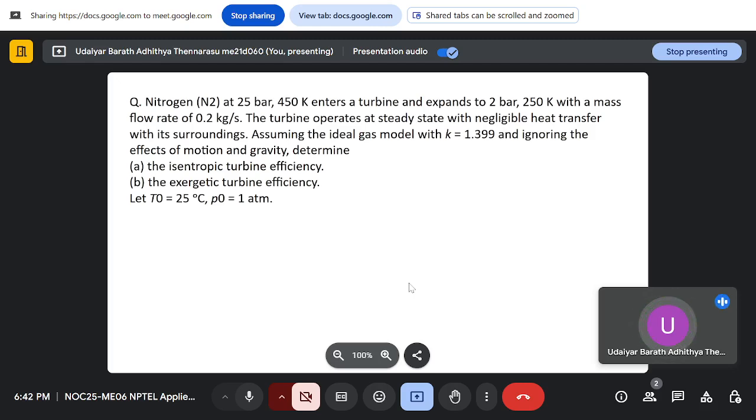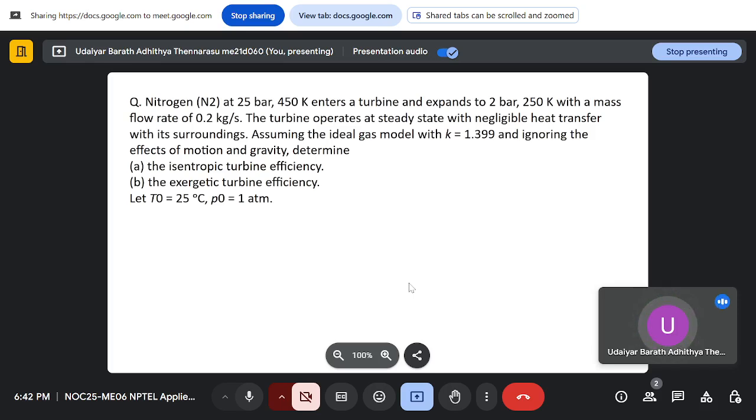So we have nitrogen at 25 bar and 450 Kelvin. This enters a turbine and expands to 2 bar and 250 Kelvin with a mass flow rate of 0.2 kg per second.